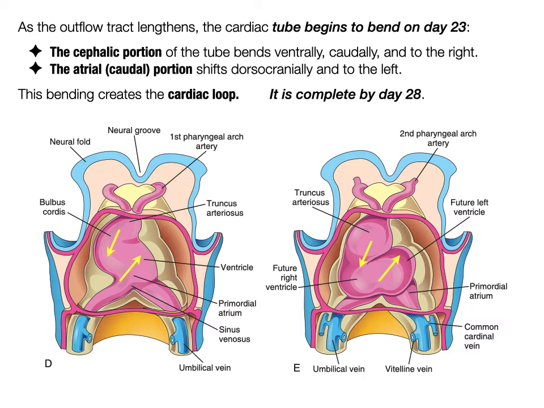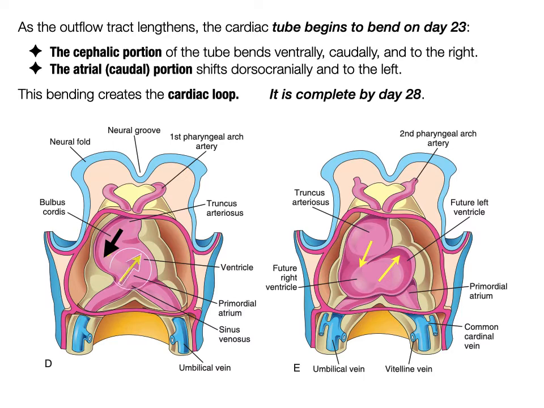The superior part of the tube, in the first image depicted with a yellow arrow pointing down and a bit, so it's pointing caudally, is supposed to point also ventrally and to the right side, while the one in the bottom, which corresponds to the atrial portion or inflow of the heart, will bend dorsally, cranially or superiorly, and to the left.